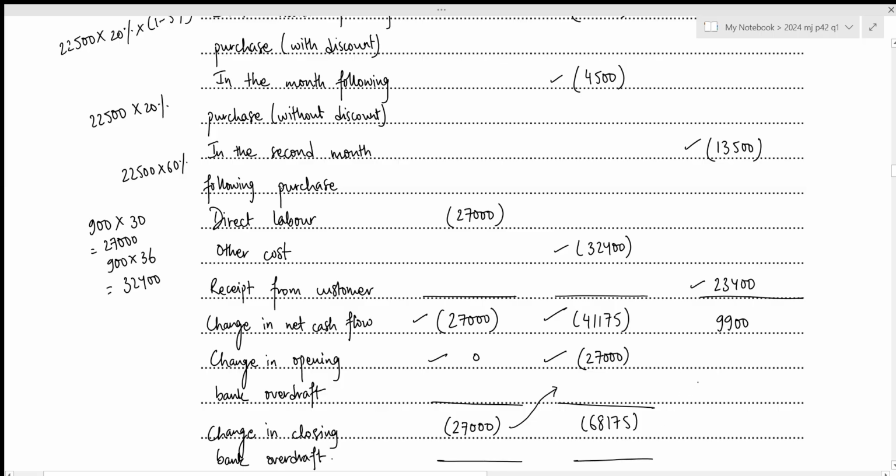Then this acts as the change in opening bank overdraft for the month of August. And the closing bank overdraft will have the change of positive 9,900 plus negative 68,175, which results in the value of negative 58,275.